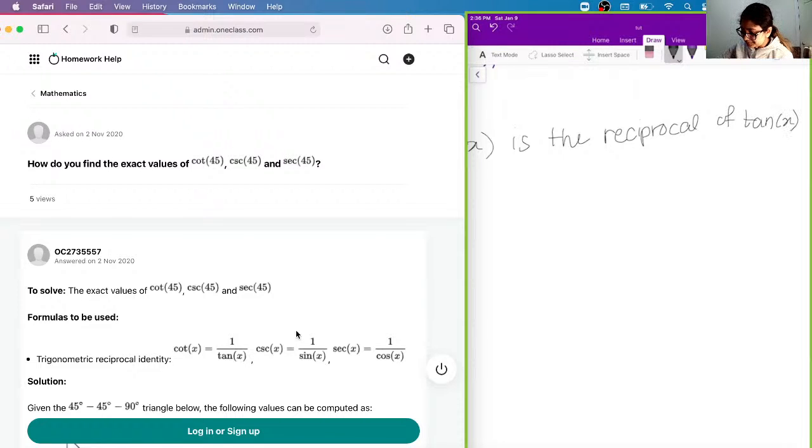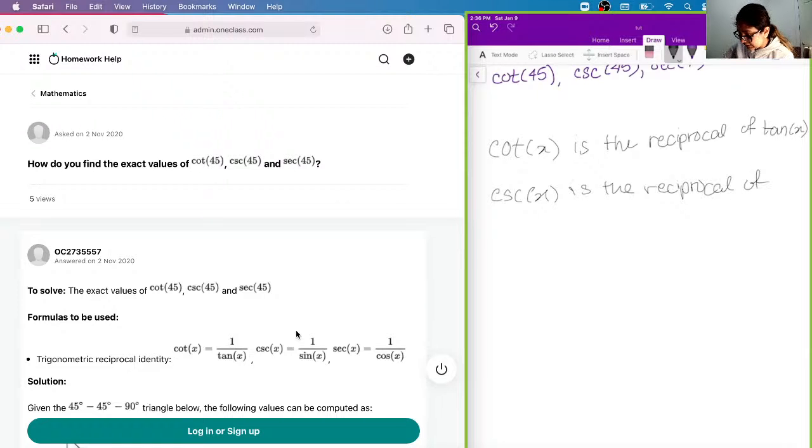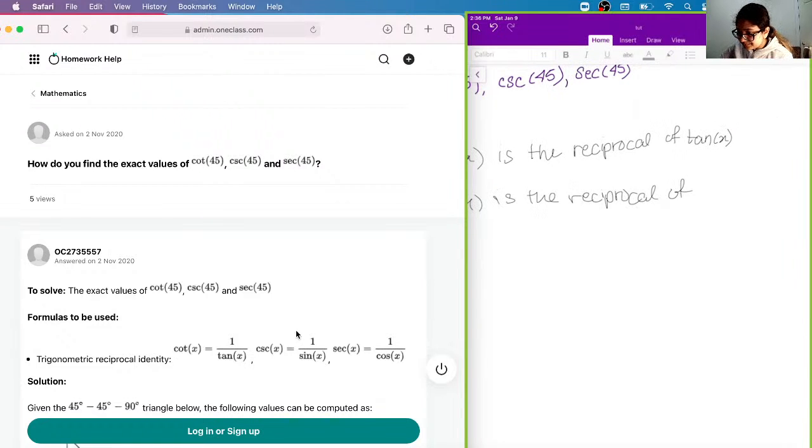Then cosecant of x is the reciprocal of sine x, so this would be 1 over sine of x.